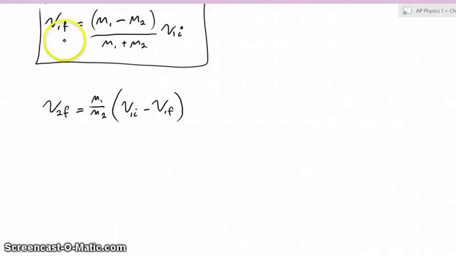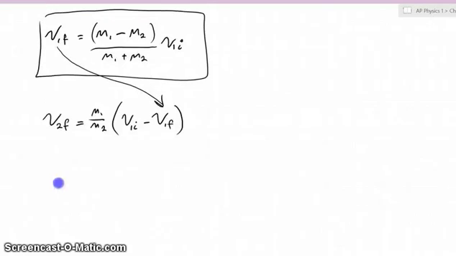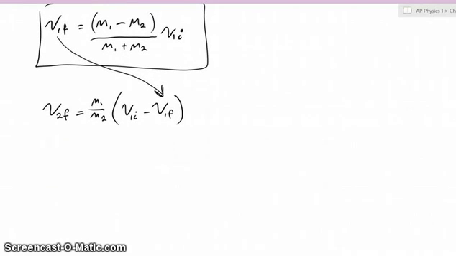So what we're going to do is take our new result and substitute it in there, and then we'll get an expression for v2 final in terms of the ratio of masses and v1 initial. And again, it's going to take a little bit of algebraic manipulation to get the answer. So I'm going to show you the steps. The book also doesn't show you how to do this step either.